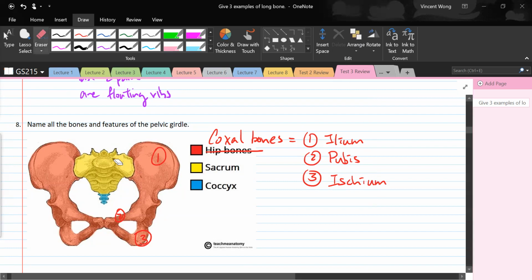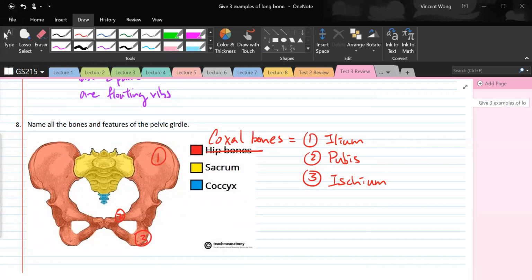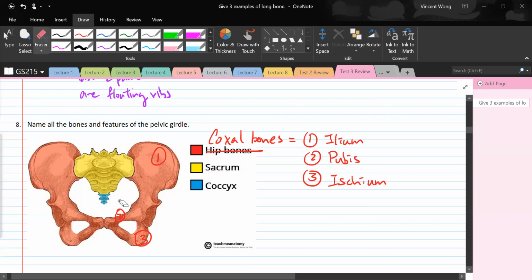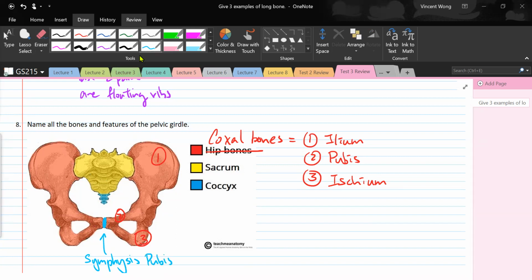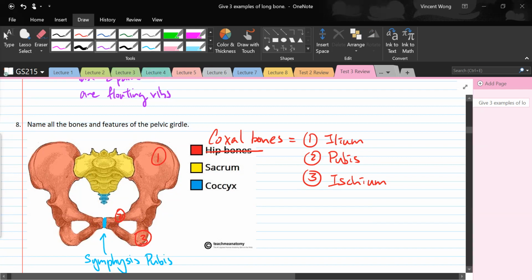At the back, the ilium is going to make an articulation with the sacrum. And at the front, where the pubis join together, there is a symphysis pubis, like a little bit of cartilage. There are other features here, right?